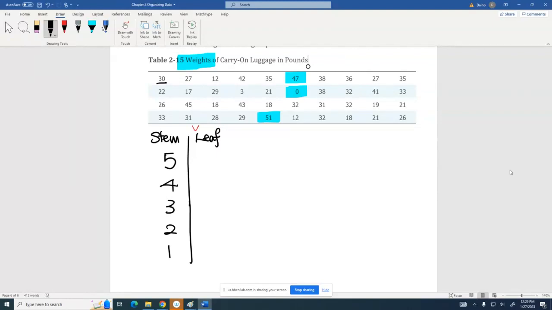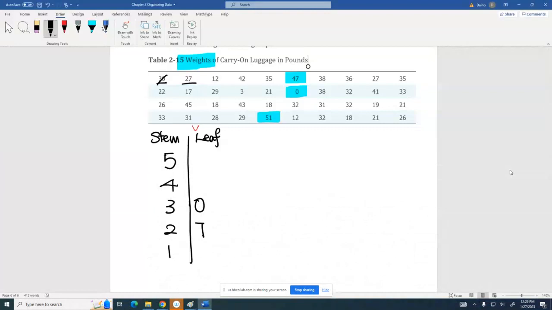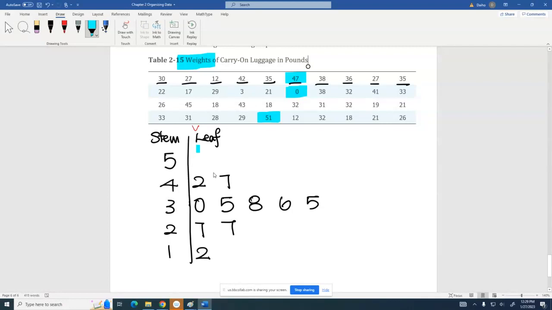So 30, it will be 3 and 0. 27, 2 and 7. 12, 1 and 2. 42, 4 and 2. 35, the second 30s. 47, the second 40s. 38, third 30s. 36, 27, 35. What am I doing?